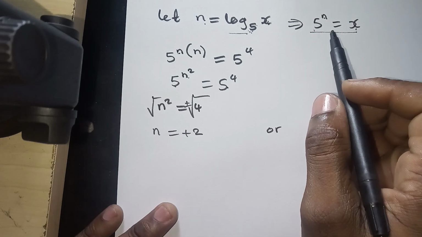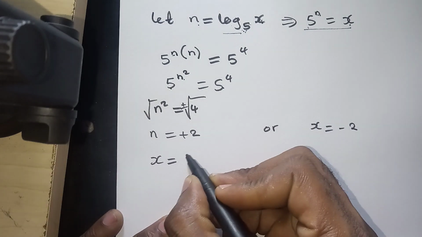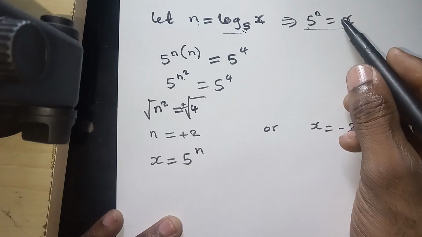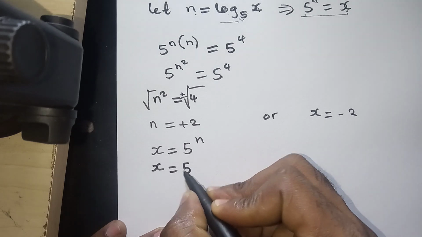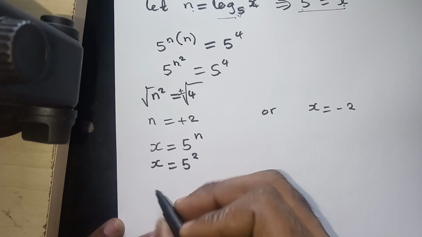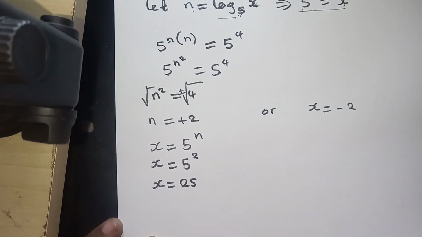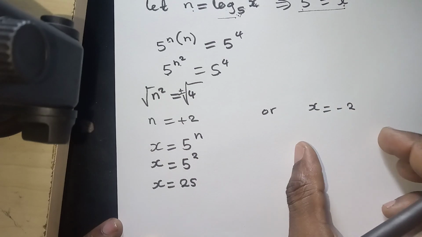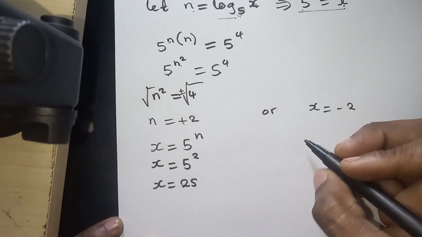So you can say x is equal to 5 to the power n, which is this. Our n is positive 2, so that means your x will be 25.